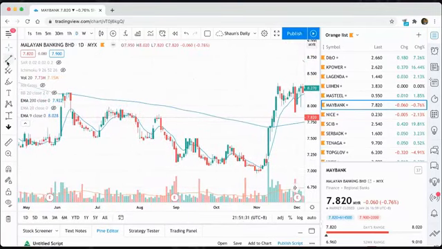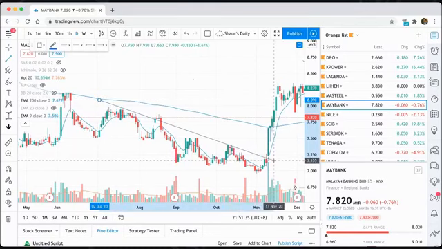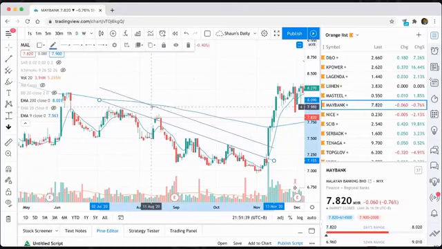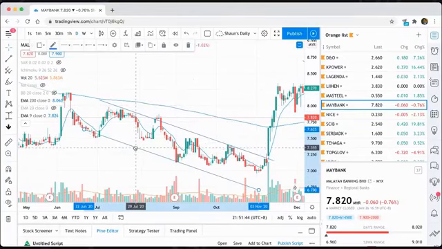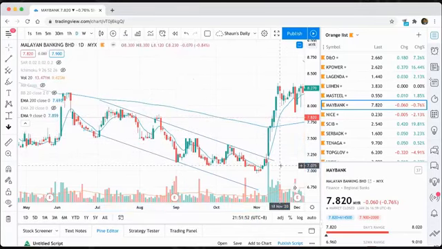If we see here, we also have a very nice pattern, right? You can see this flag. It's just a rough drawing, not very good, but you see it traded in here for a long time.